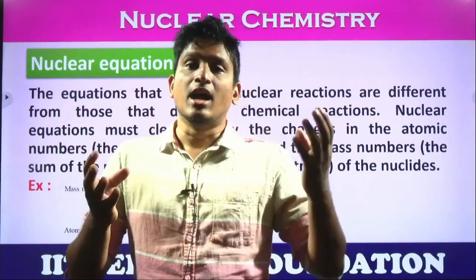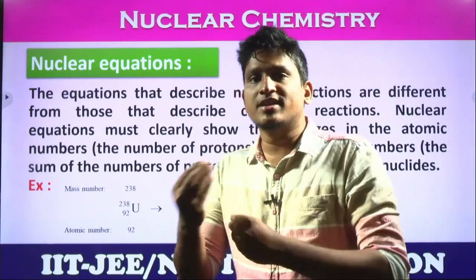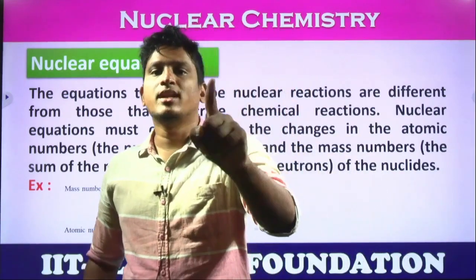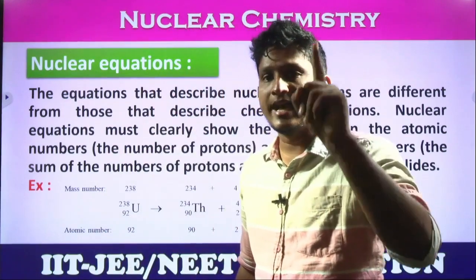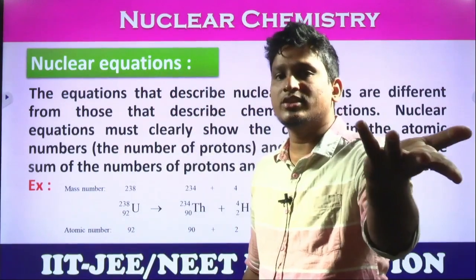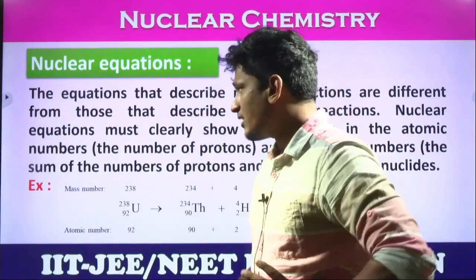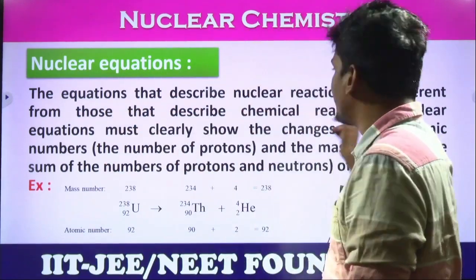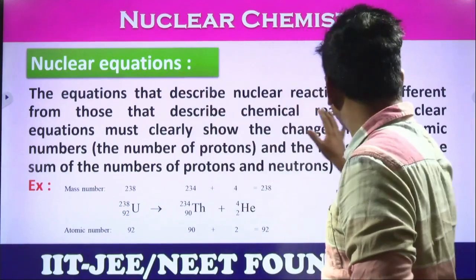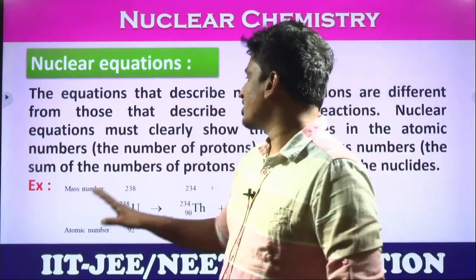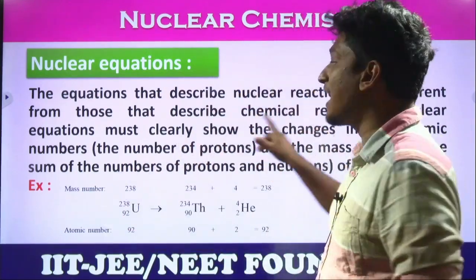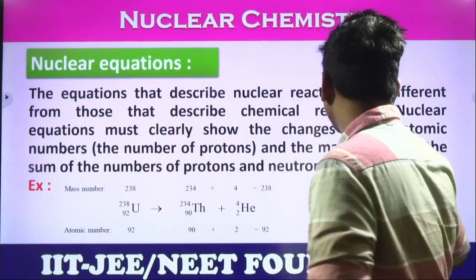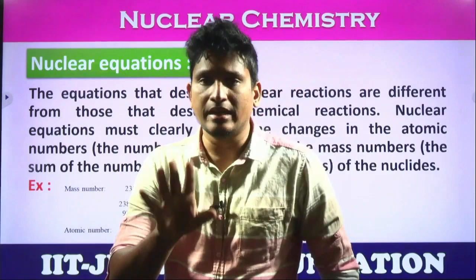Why? Because ultimately subatomic particles are changing, yes or no, elements are changing, yes or no. You have to represent atomic numbers and mass numbers in nuclear reactions. Why? Because these particles are changing, right? So the equations that describe nuclear reactions are different from those that describe chemical reactions. Nuclear equations must clearly show the changes in the atomic numbers and mass numbers, the sum of protons and neutrons in the nuclides.